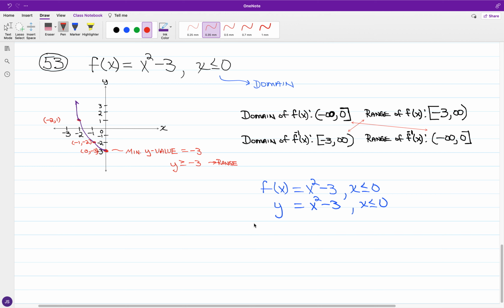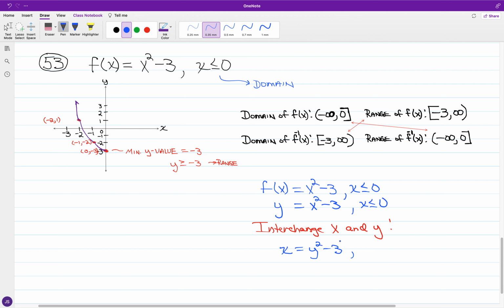And if we interchange the x and the y, I'm going to have x equal to y squared minus 3.